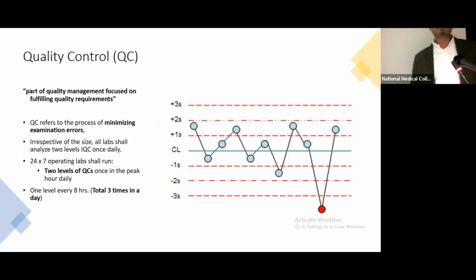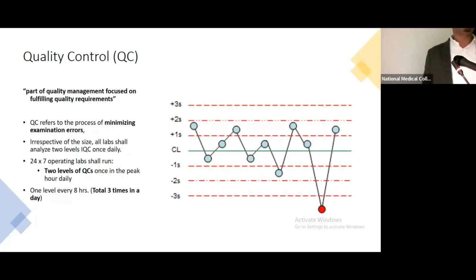So basically one has to understand the quality control samples should be run before running any patient samples. And if the lab is doing testing for 24 hours throughout the day, then it should be tested at least every 8 hours, and at 2 levels of controls. That is a normal level control, normal range, and one is pathological range.